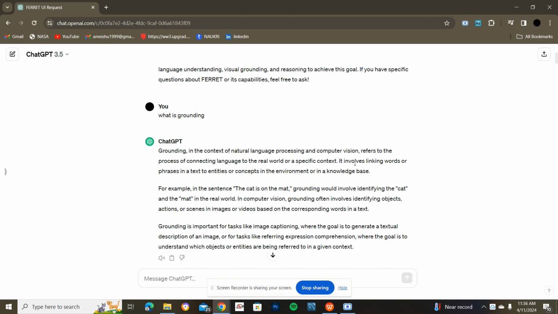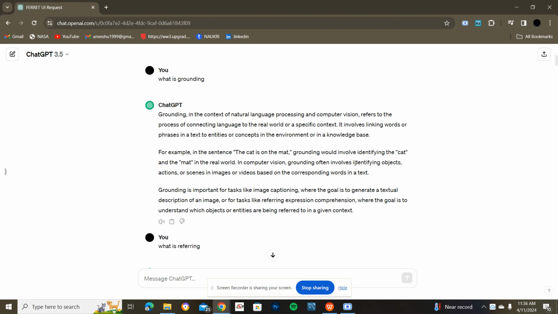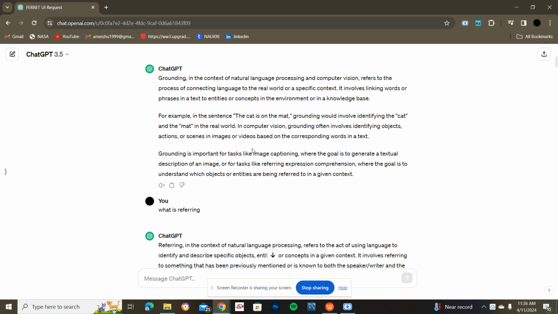It involves linking words or phrases to entities or concepts in the environment or in a knowledge base. Like if there's a UI screen, how the model is understanding what is actually happening on the screen and giving it some context or textual representation of what is happening and how the different parts of a screen are interconnected. This is something like what grounding actually means.